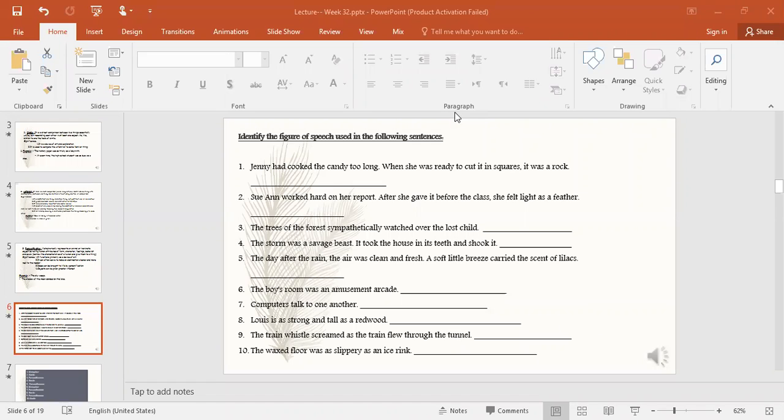A soft little breeze carried the scent of lilacs. I'm telling you, who carries? You told me the person. I'm taking the action of carrying, this verb carried, from the person and giving it to the soft little breeze. So this is what? You tell me simile, Laris?